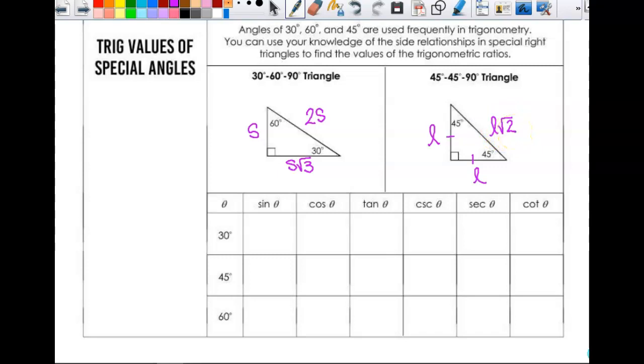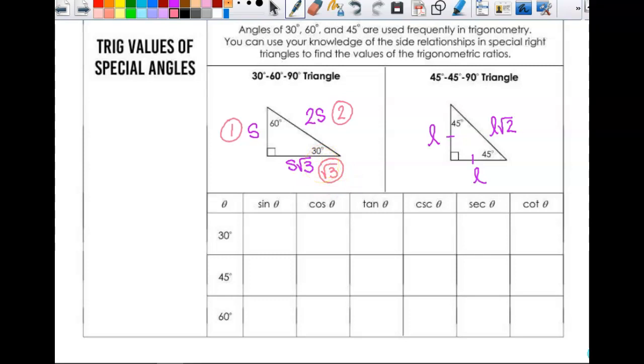That should look familiar even if you had x's there instead of l's and s's, all right? And the variables are there for you to be able to set up little equations to solve things, all right? But we are going to look at what if the length of the short leg is 1, so we can get ratios out of this. The length of the short leg is 1, then that makes the hypotenuse 2, and that makes the long leg square root of 3.